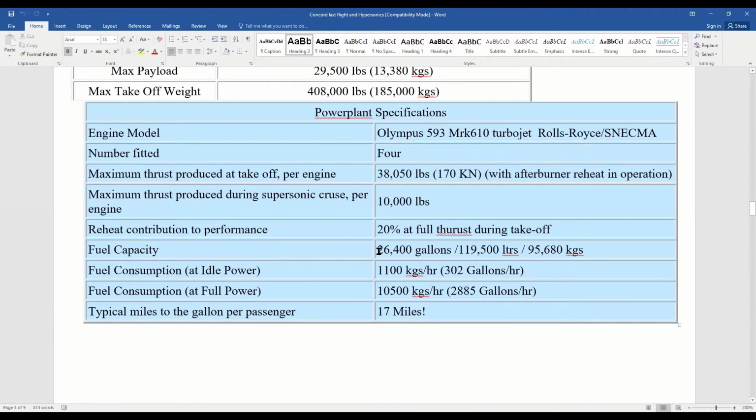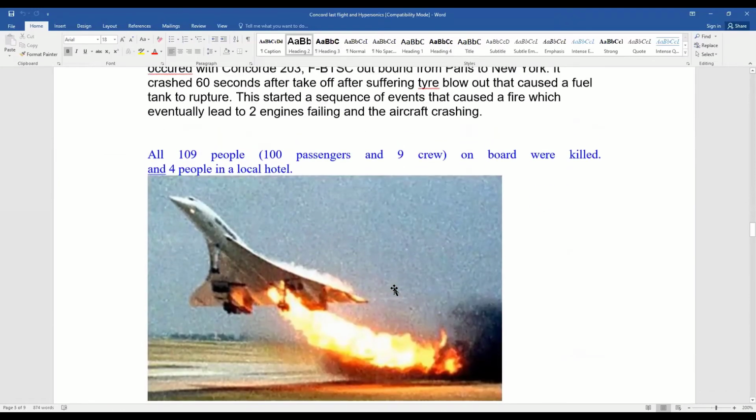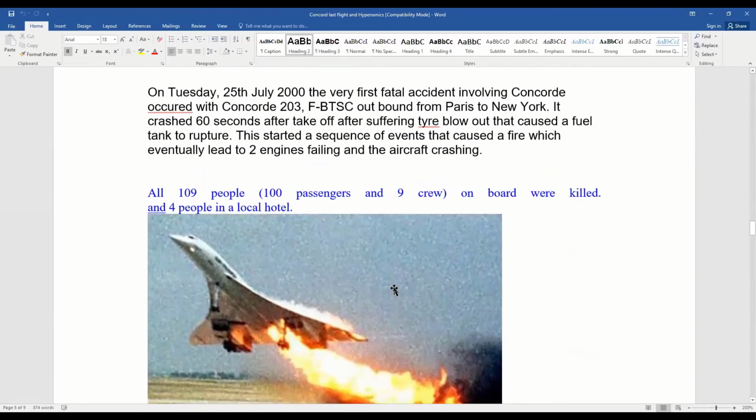We're at 26,000 gallons of fuel, 17 miles per gallon per passenger, which is comparable to a big Ford pickup per passenger. The fatal accident happened on takeoff from LaGuardia.